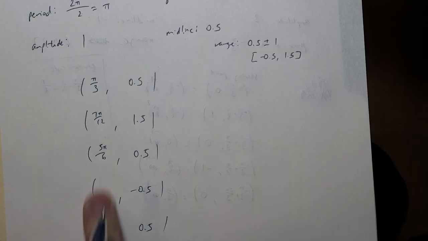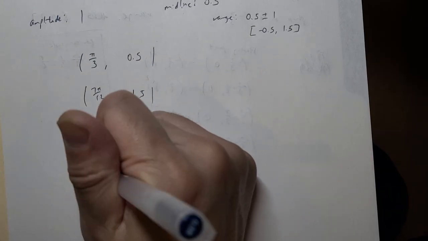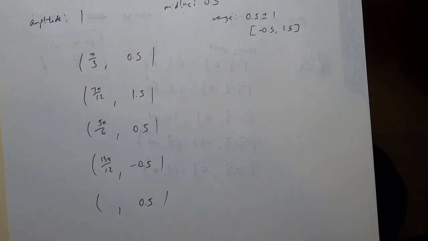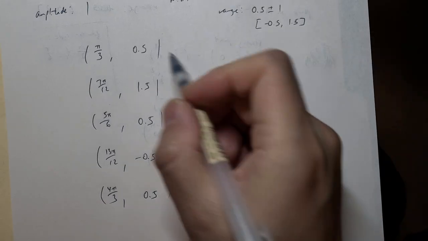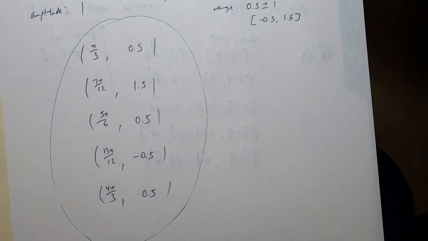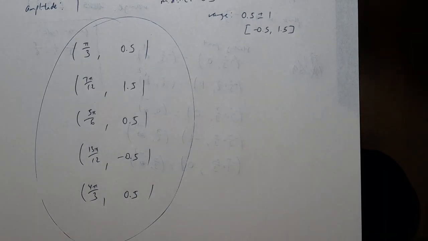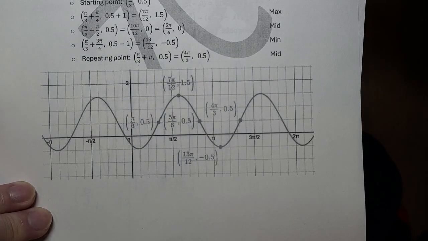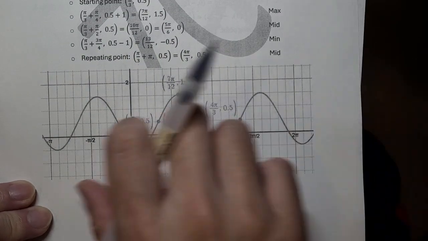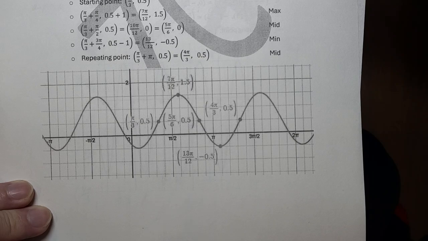If I add another pi over 4 here, that would be 13 pi over 12. And if I add another pi over 4 here, that would be 4 pi over 3. We got our 5 points. Much quicker, hopefully. You're now convinced. Okay, and if we graph it, right here. And then just do an additional period on either side.